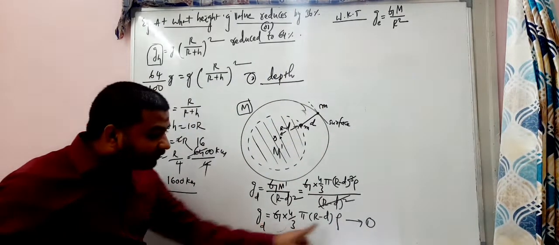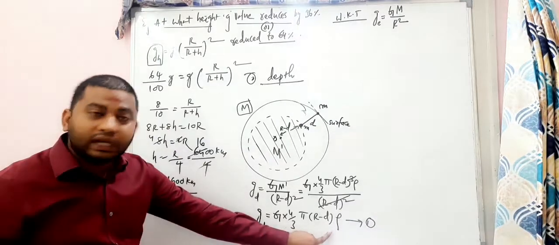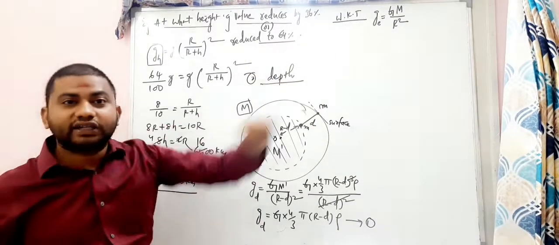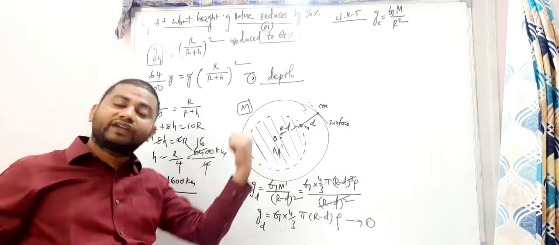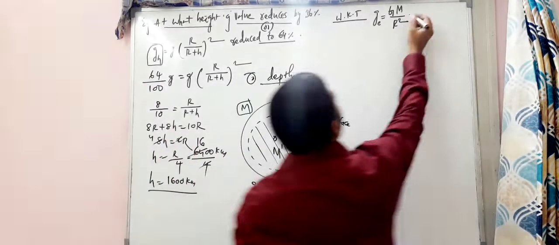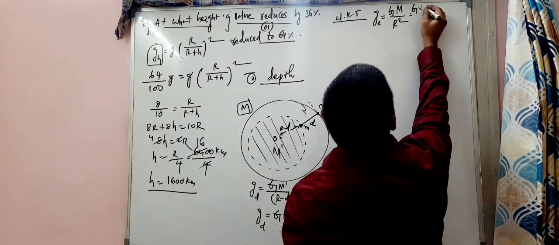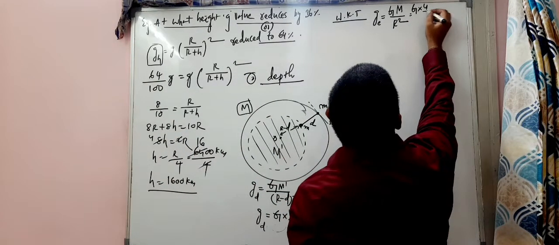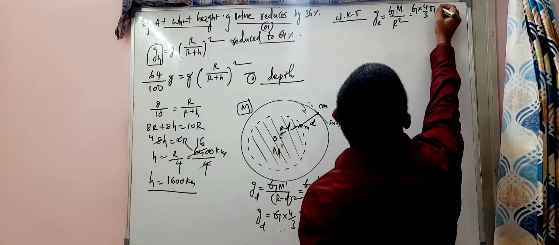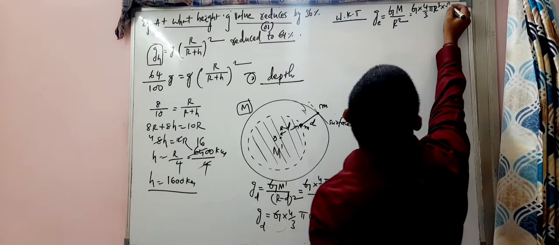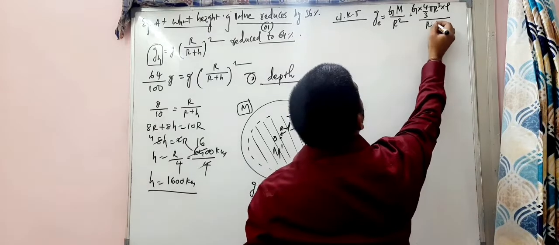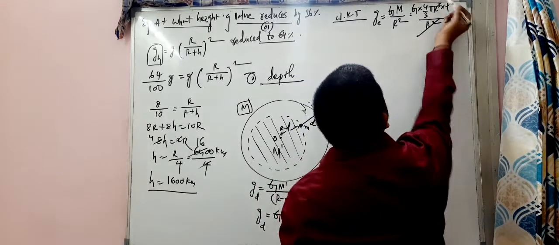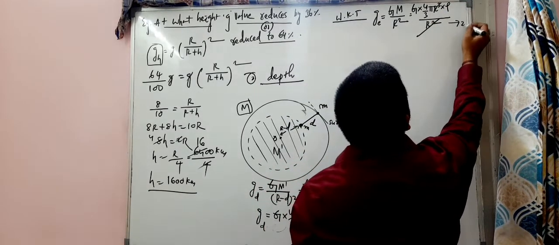At some depth we have written in terms of density. The surface equation also I can write in terms of density, that's what we already discussed. Capital G into mass, that is volume 4 by 3 pi R cube into density rho, divided by R square. And this is equation number 2.